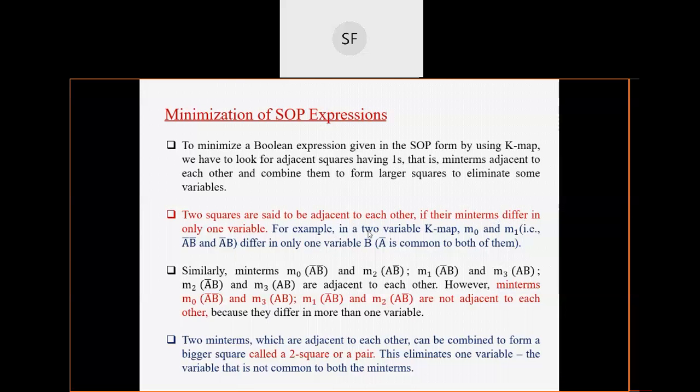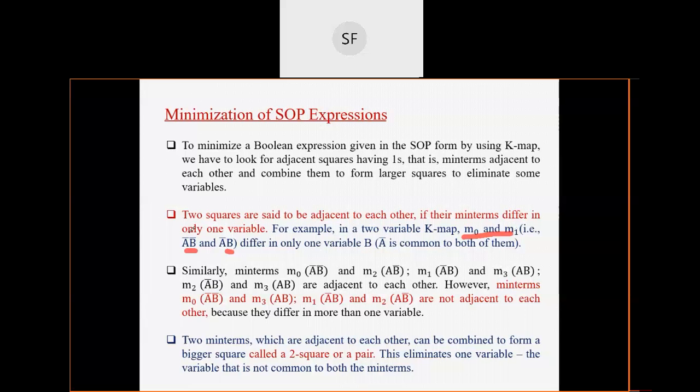For example, in a two variable K-map, M0 and M1. M0 is represented as A bar B bar and M1 is represented as A bar B. So now if you observe these two terms, you can observe that A bar is common in both and there is a difference only in B. Here it is B bar and here it is B. So hence you can say that M0 and M1 are adjacent cells.